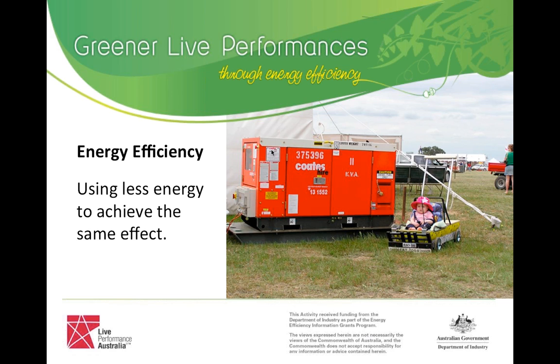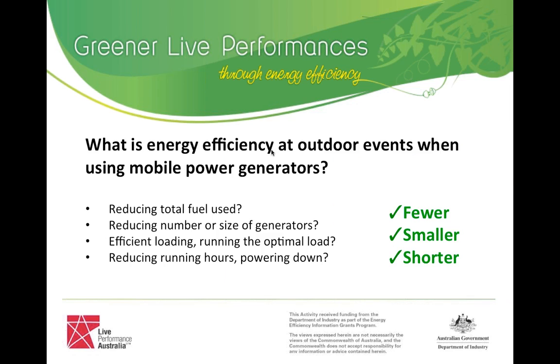As you can see on the screen, efficiency purely means, in a definition sort of case, using less energy to achieve the same effect. So that's what I want to have a look at today and see what that really means for our situation in outdoor events. So obviously we've got concepts such as reducing the total fuel used, and there's many ways that we can get to that point.